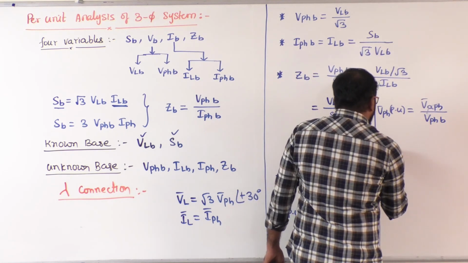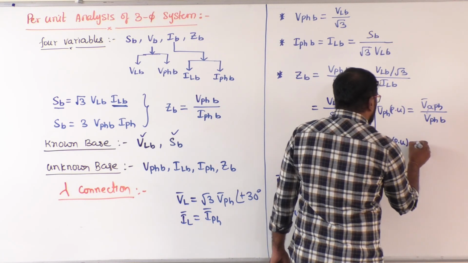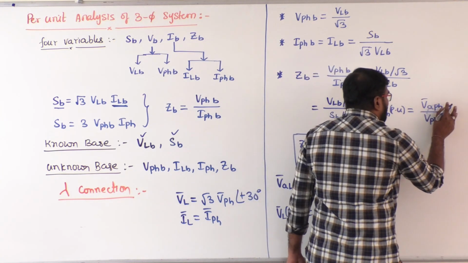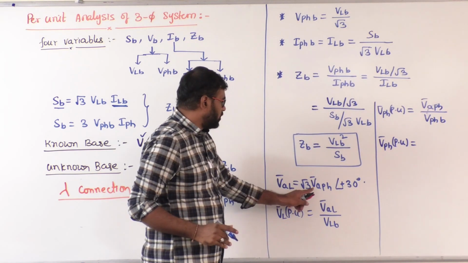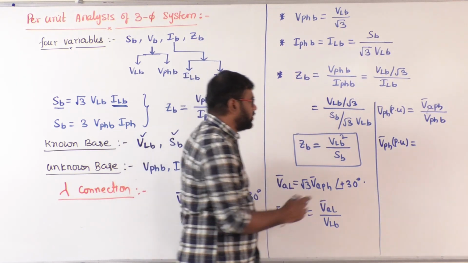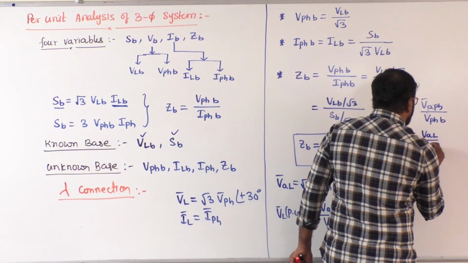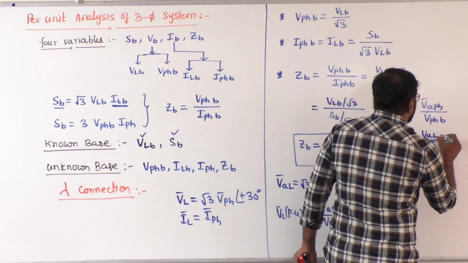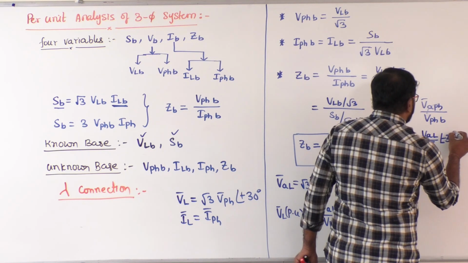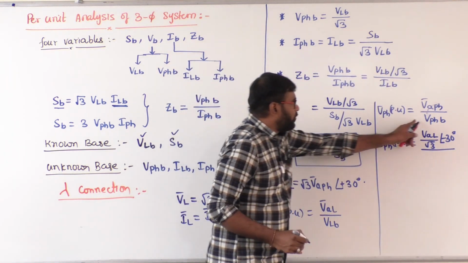But let's see. We know that V phase per unit equals V actual phase. V actual phase is what? V actual line by root 3 at an angle minus 30 degrees. Now, what about V phase base?